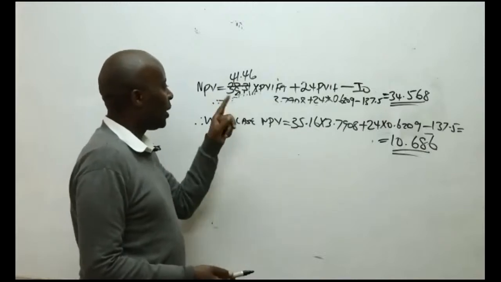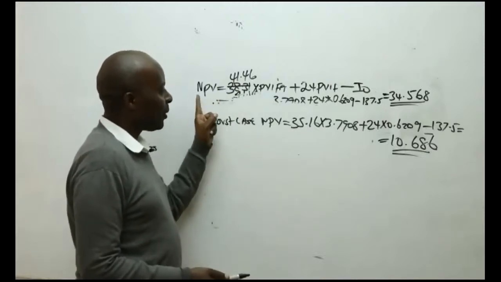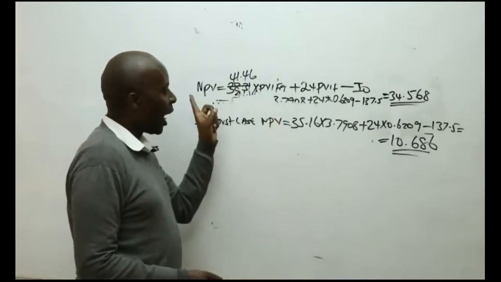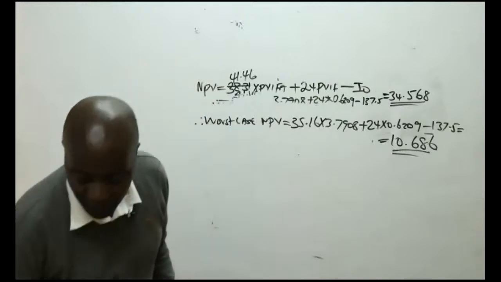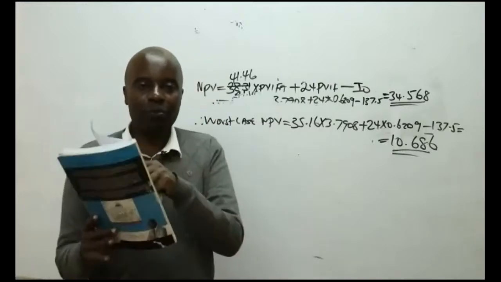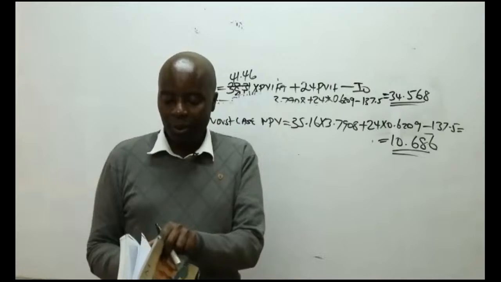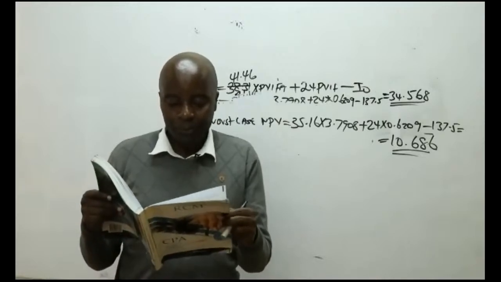Now we have got 3 net present values. We have a net present value if the worst happens, and then if the best happens, and then of course we know the base. If you have this book, you'll be able to see our base.